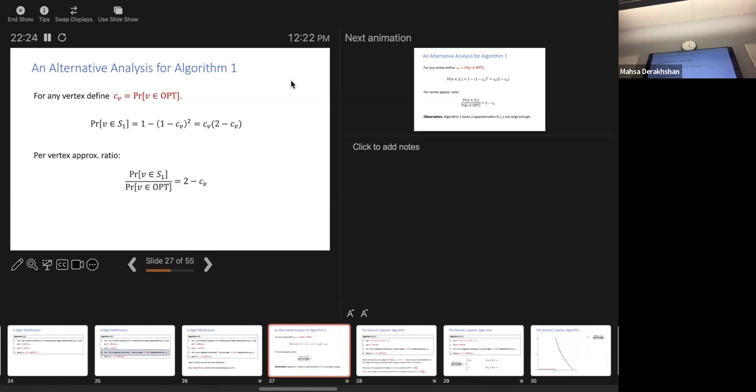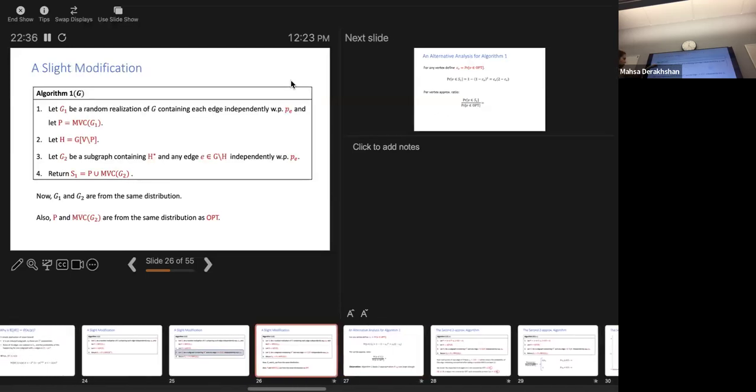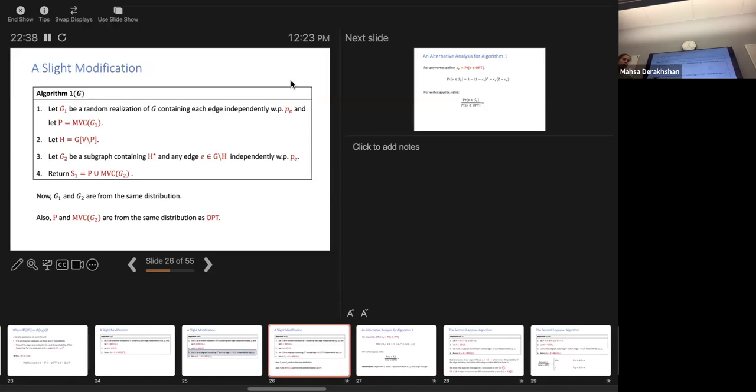Yes. Why is it independent, whether the vertex is in the cover of G1 versus G2? Because these two graphs are independent of each other, right?